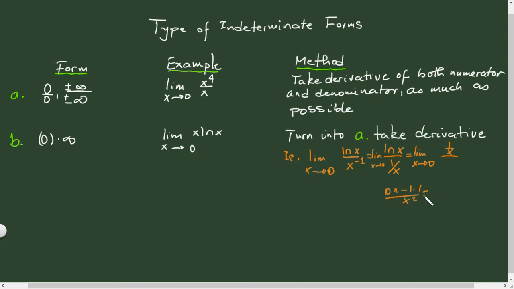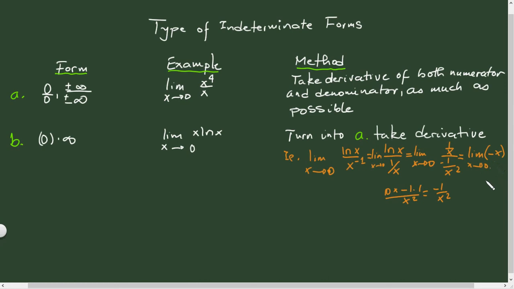This gives you minus 1 over x to the power of 2, so it is 1 over x divided by minus 1 over x to the power of 2. Because there's a division here, we can turn it into a multiplication. That gives us the limit when x tends to 0 of 1 over x times x to the power 2 over minus 1. So it's actually minus x. That's what we get at the end.